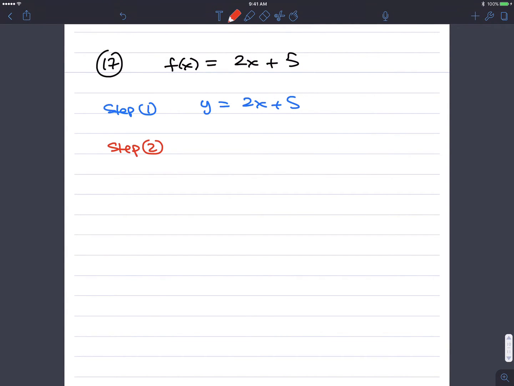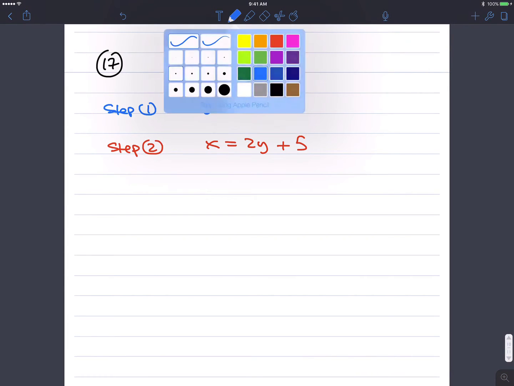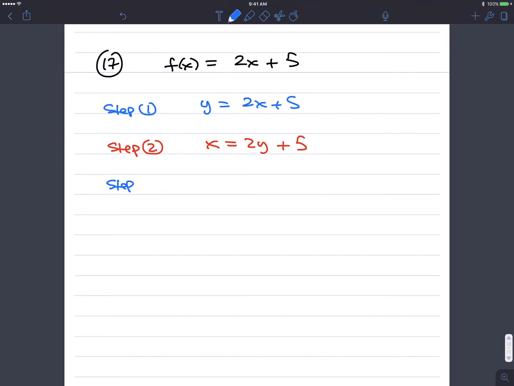Step 2. What do you guys do? Switch x and y. You guys okay with that? Step 2? Okay. So far, so good? Step 3. Solve x equals 2y plus 5 for y. Subtract 5.